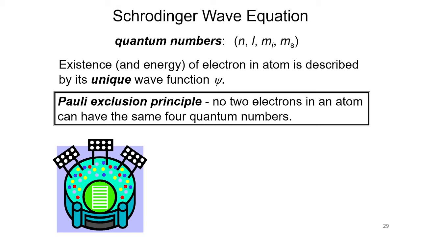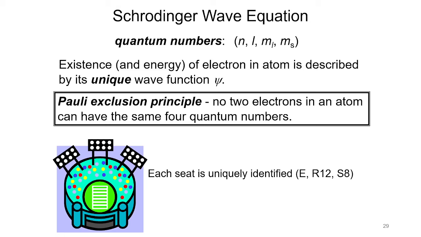Okay, so it is much like how seating arrangement works. For example, in an arena, each seat is uniquely described. Let's say we have row E, seat 12, 8.